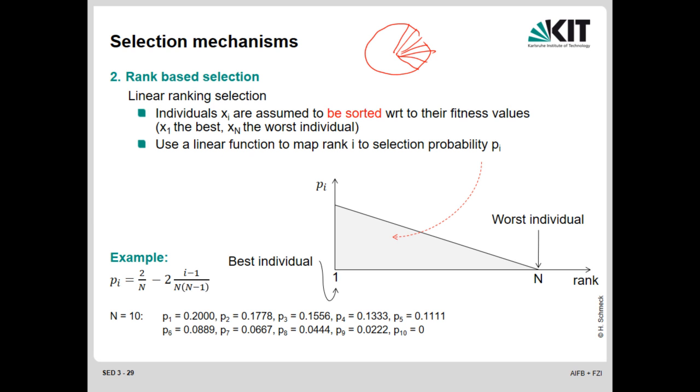And the others have no chance of getting selected. And this may just be some local optimum, and maybe there's a better situation in some different area of the fitness landscape, but you would not get away from that.